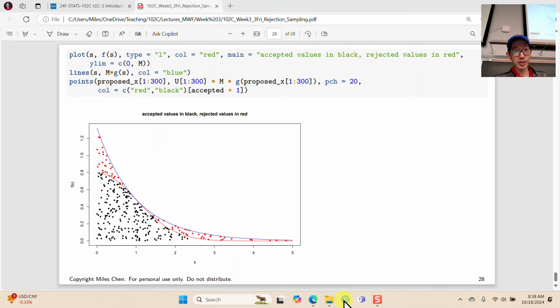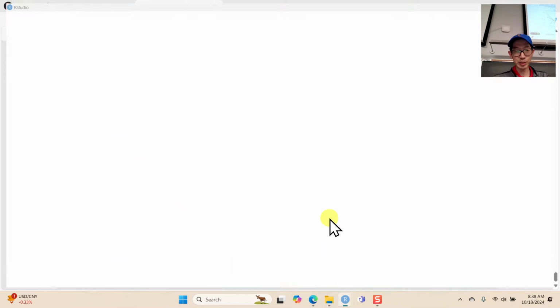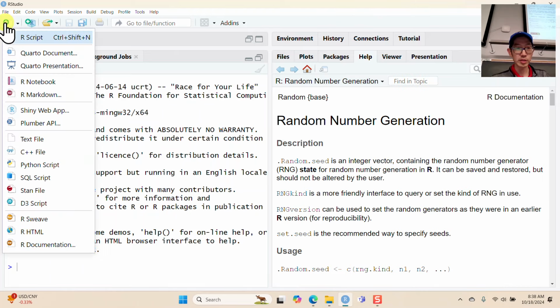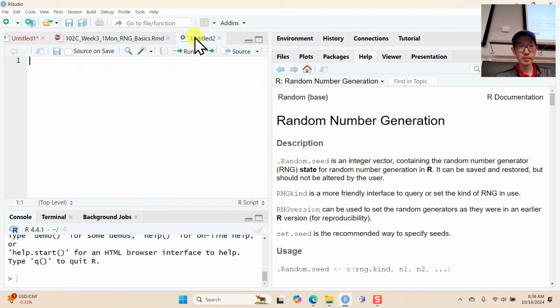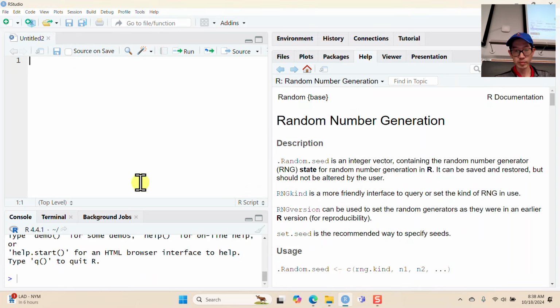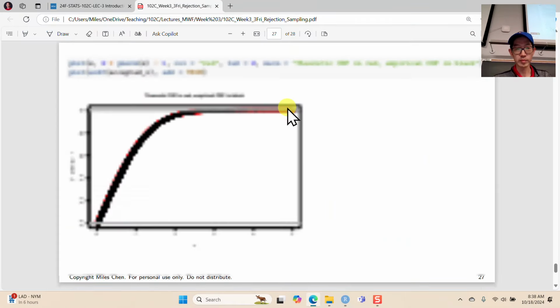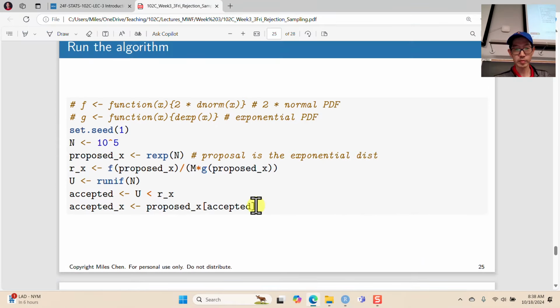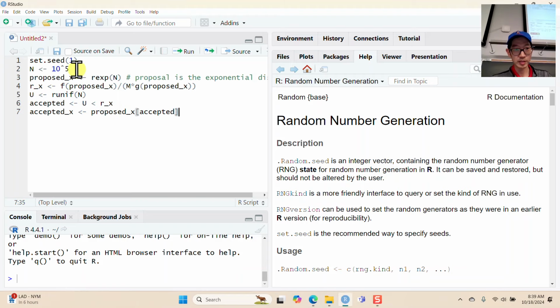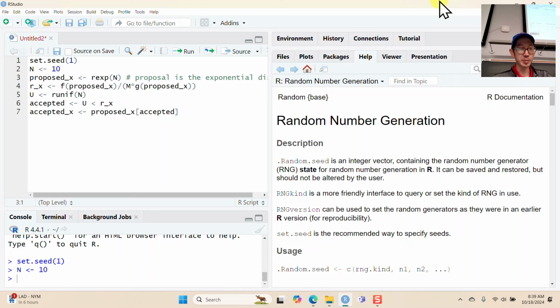Okay, so this is rejection sampling. Let me do a quick demo in R. Let me just do 10 of these things.